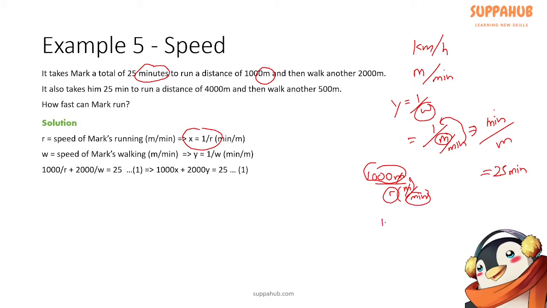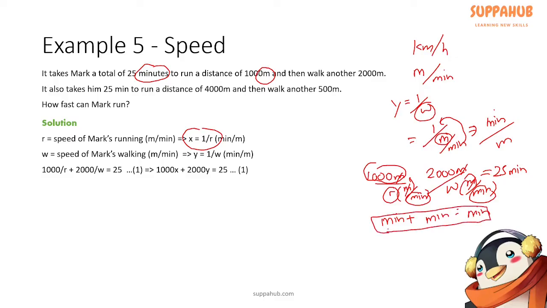Plus down here is 2000 divided by W, again meters, and down here meters per minute. So the minutes will cancel and this minute will go up. So you have minutes plus minutes. So it's time plus time equals 25 minutes, which is time. So this equation makes sense, right?